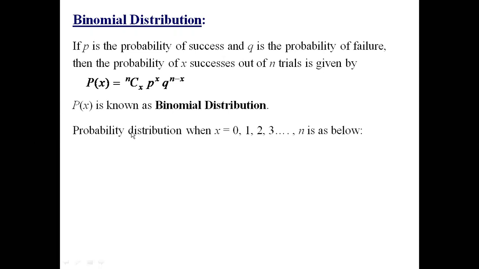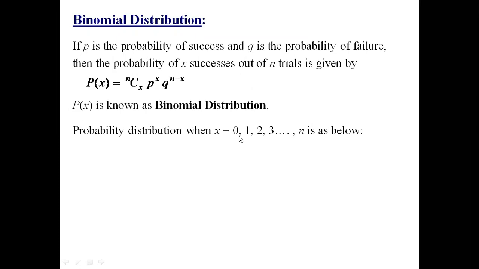The probability distribution when x is equal to 0, 1, 2, 3, etc. up to n is as below. So we perform n trials and x takes the value from 0 to n. x denotes the number of successes.